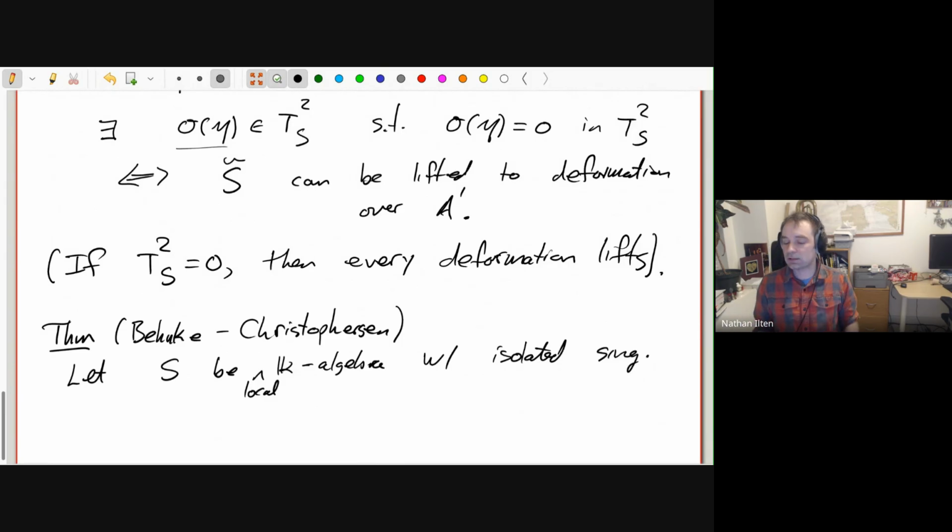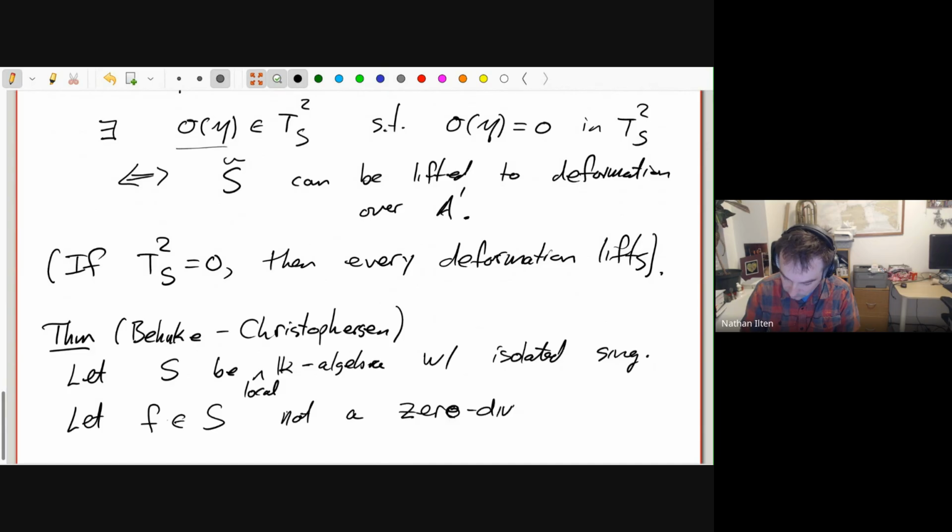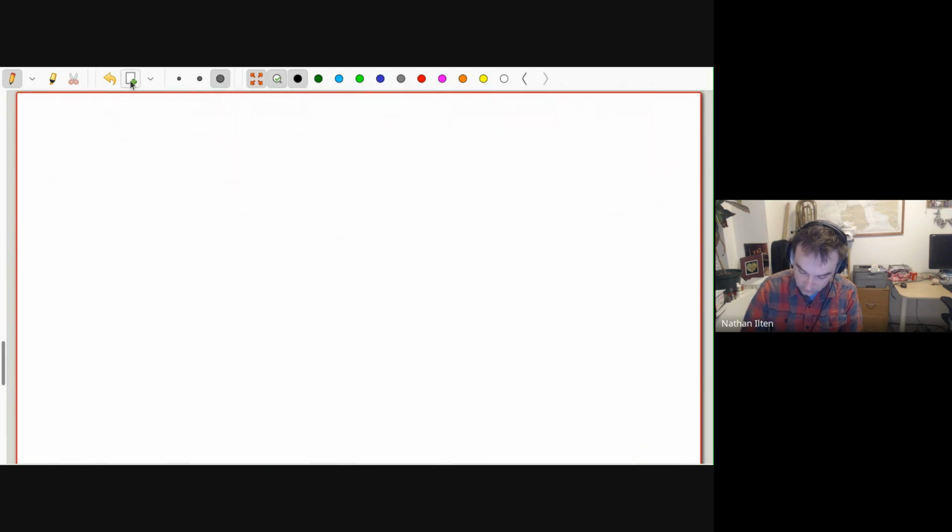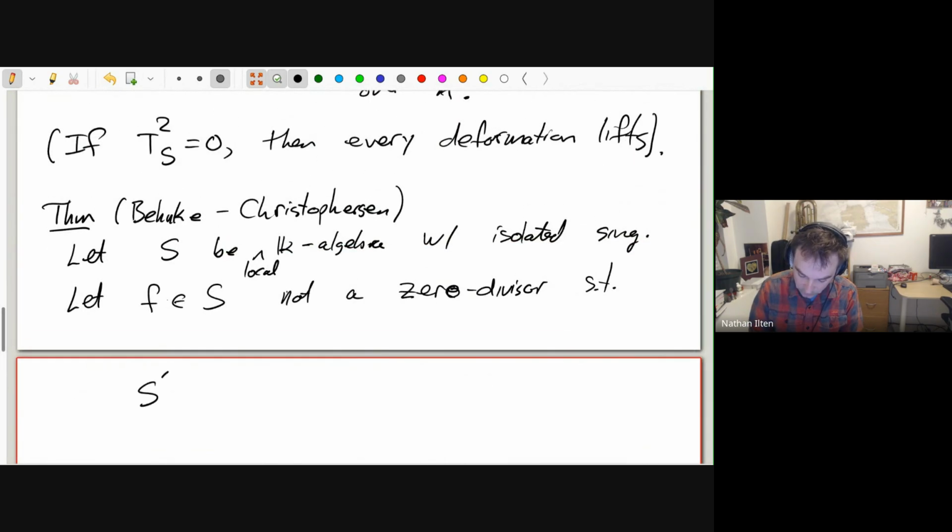And this means that this ring is regular at all prime ideals except for the maximal ideal. And let F be some element of S that's not a zero divisor, such that if I look at the K algebra S prime that I get by taking the quotient of S by F, this also just has an isolated singularity.